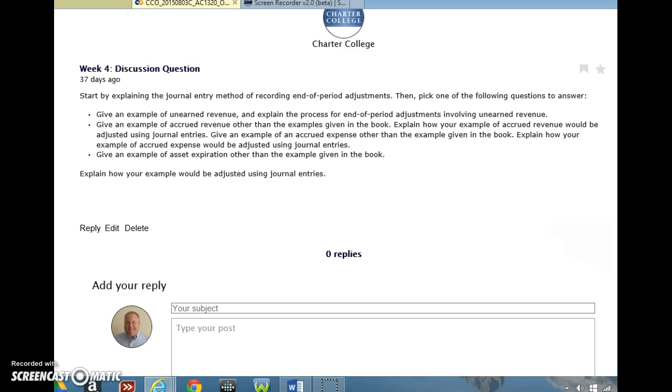Week 4's discussion question is going to center around adjusting entries, and what you'll do here is pick one of these scenarios and describe it. Be sure to do the reading before you answer the questions. I know that's hard to do and get it posted by Wednesday night, but that makes it better for the actual discussion itself.